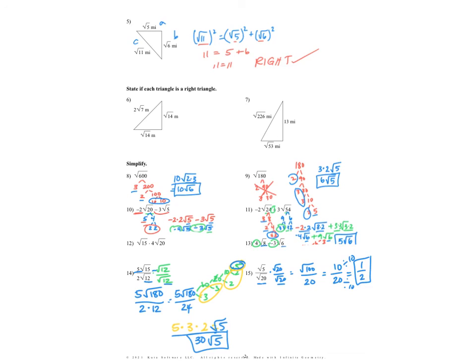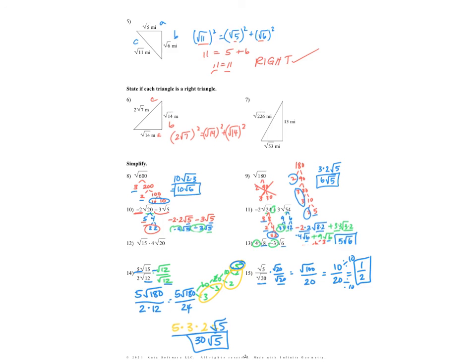Okay, now, when we're trying to determine if something is a right triangle, we do the same thing that we just did, and if we get 2 equal sides, then it is a right triangle. And if we don't, then it's not. You just got to make sure that you're using the right thing for C. So we're going to say A and B. So 2 root 7 squared equals root 14 squared plus root 14 squared.